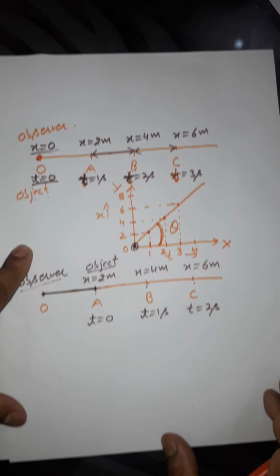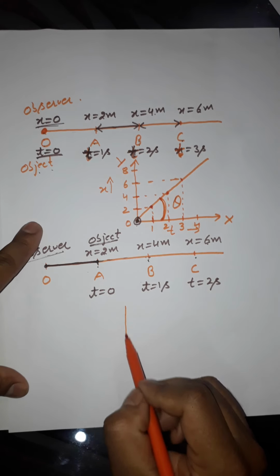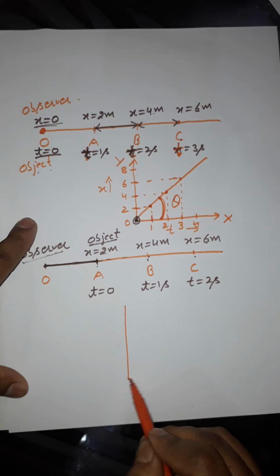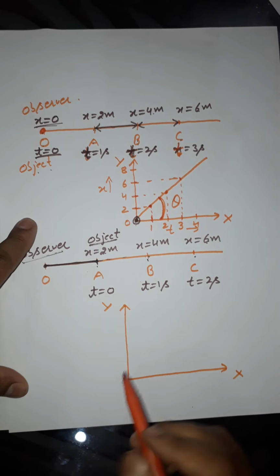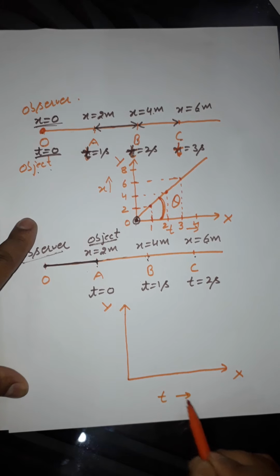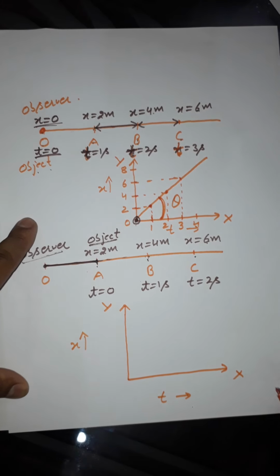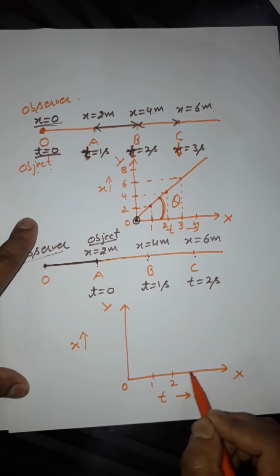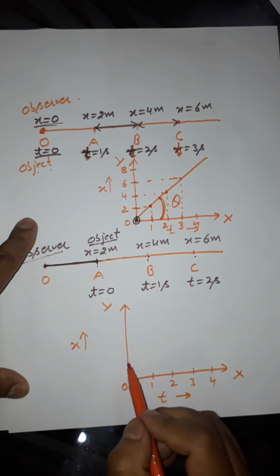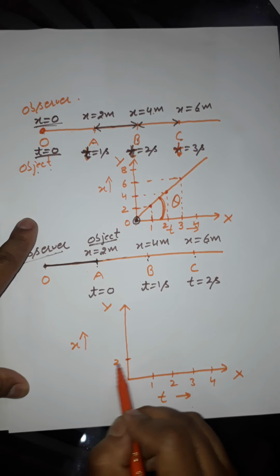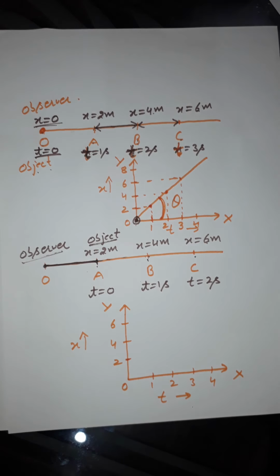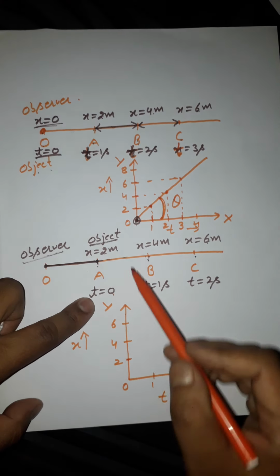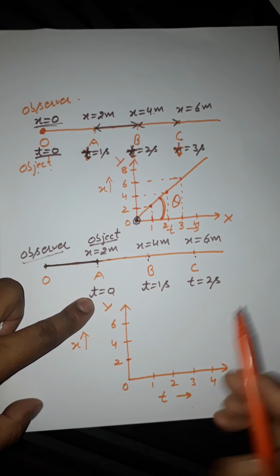Now let us draw another graph, that is the xt graph, for the second situation. So here x-axis, you have y-axis. So time along the x-axis, distance along the y-axis. So 0 time, 1 second, 2, 3, 4, and you can choose the scale here: 2 meter, 4 meter and 6 meter. Now when time t is equal to 0, the object is already at a distance of 2 meter.